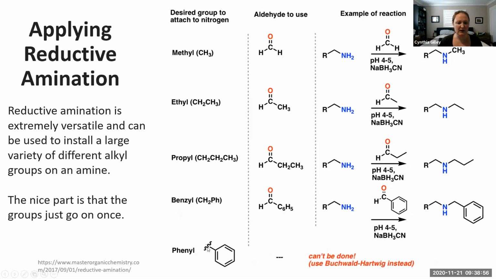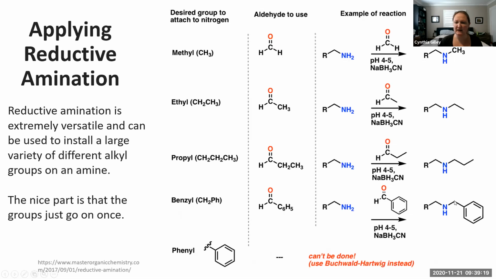Now note that it's not easy to add a phenyl group. The reason is we need to have at least one hydrogen here in order to be able to form this carbon-nitrogen bond. And that's because remember that that hydrogen is added through a hydride from sodium cyanoborohydride.